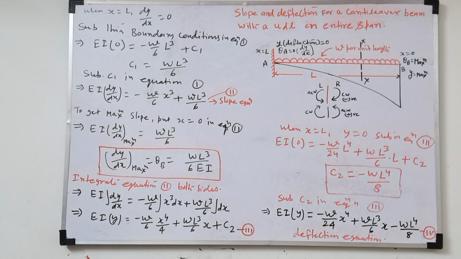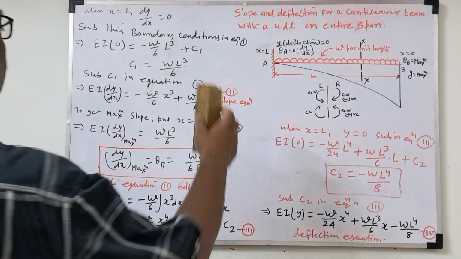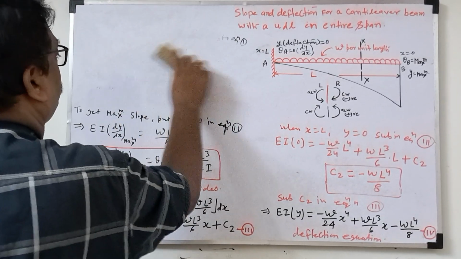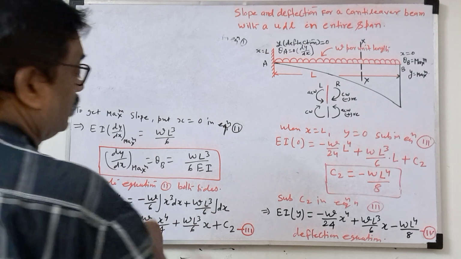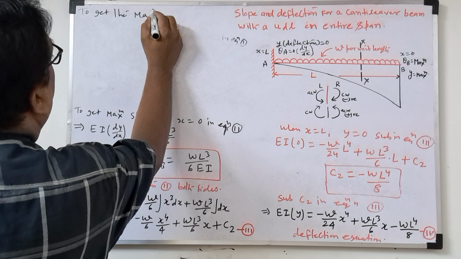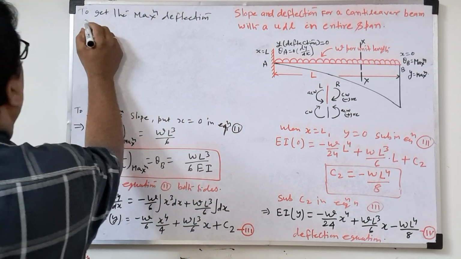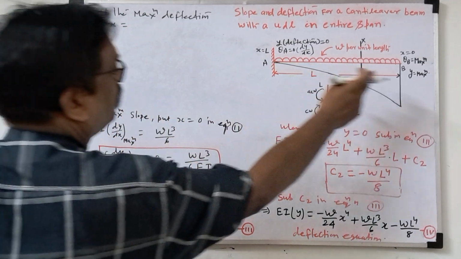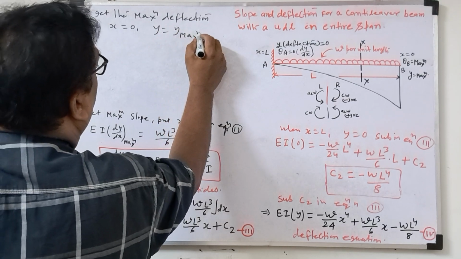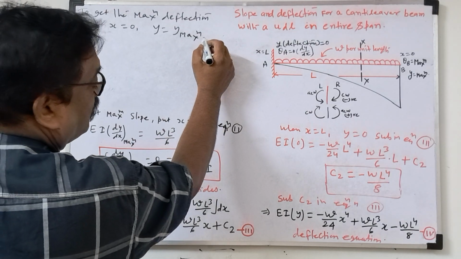Now what we'll do? When will we get the maximum deflection? Maximum deflection when x equal to 0. So to get the maximum deflection, substitute x equal to 0, then y becomes y maximum. We substitute in equation 4.